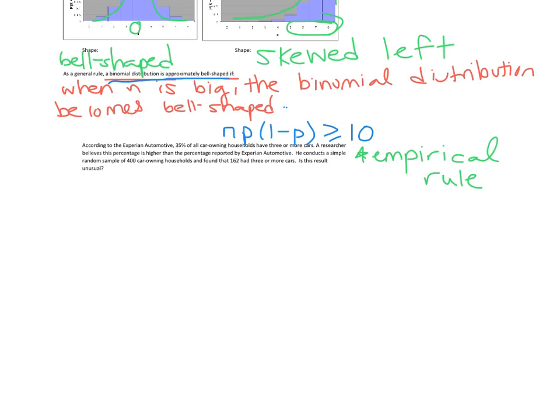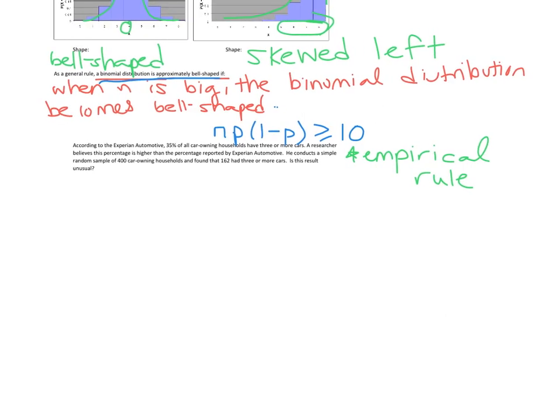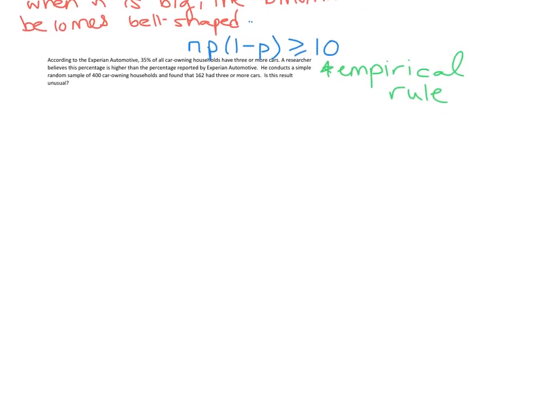So let's go back to our example. We're going to be going back to the random sample of 400 cars. All right, so according to Experian Automotive, 35% of car-owning households have 3 or more cars. A researcher believes this percentage is higher than the percentage reported by Experian Automotive. So he thinks it's higher.